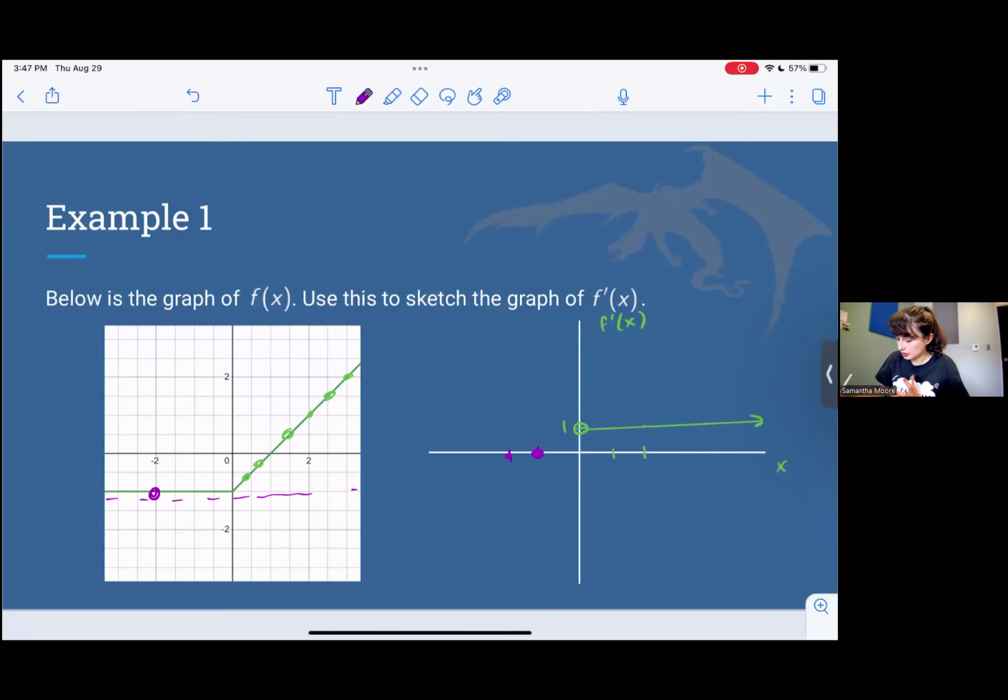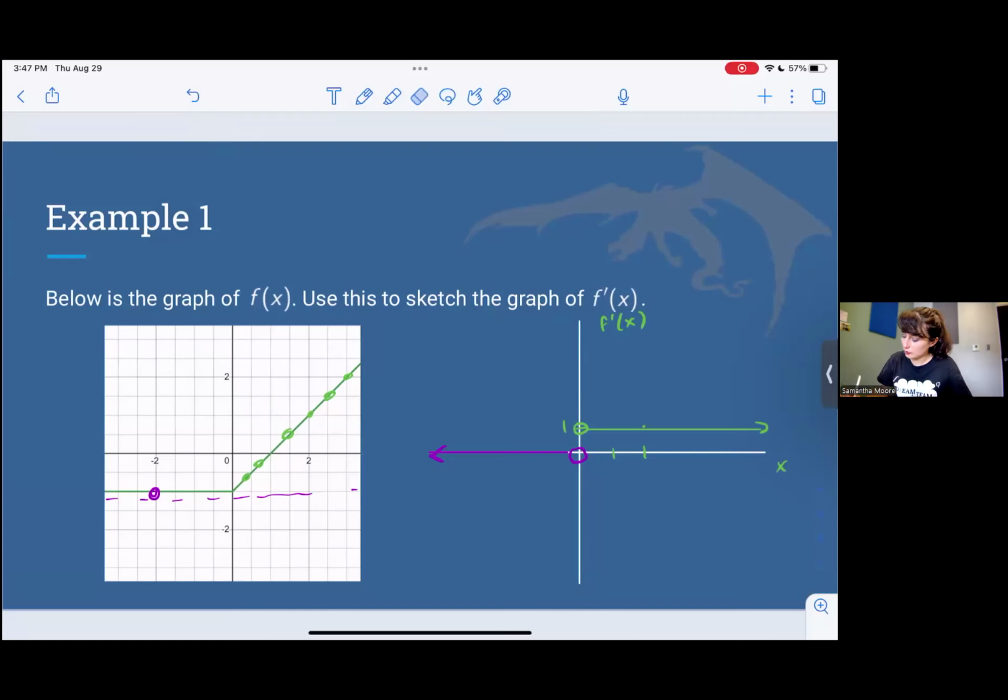If I look through and combine all of those, it looks like everywhere below 0, I'm getting a slope of 0. So f prime of x looks like it is a piecewise function, and it is piecewise constant, in fact.